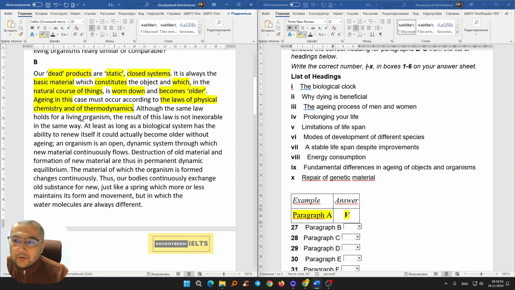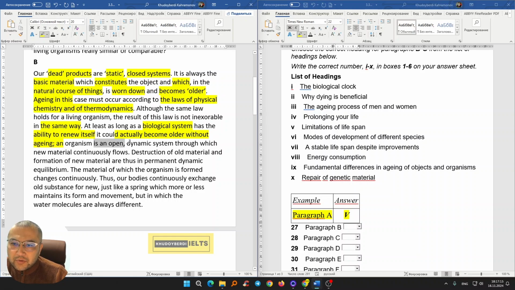Although the same law holds for a living organism, the result of this law is not inexorable in the same way. At least as long as a biological system has the ability to renew itself, it could actually become older without aging. So it could become older without aging.